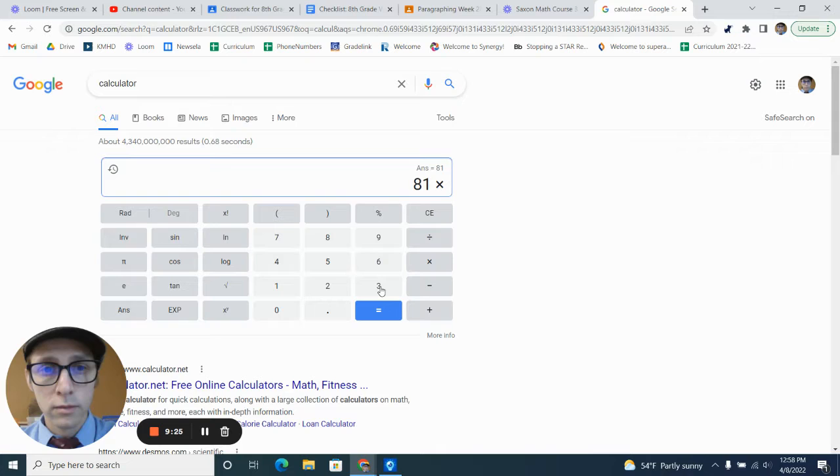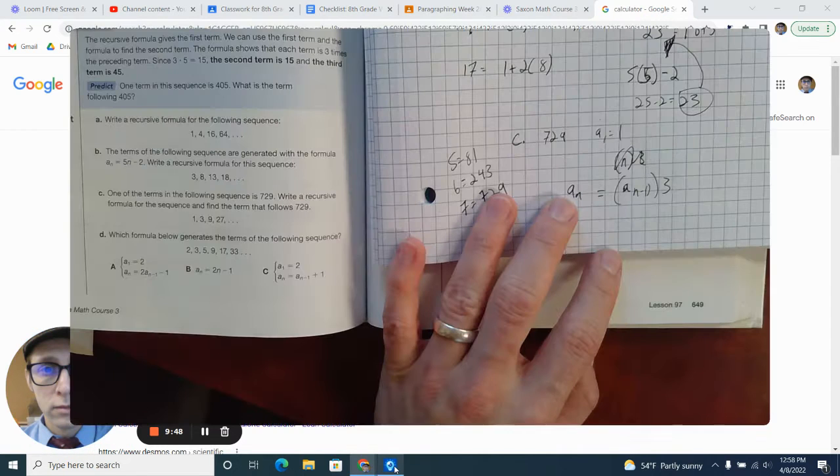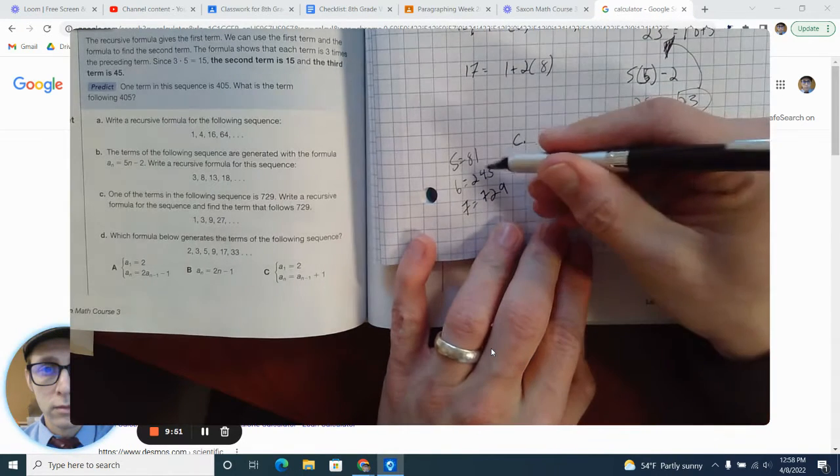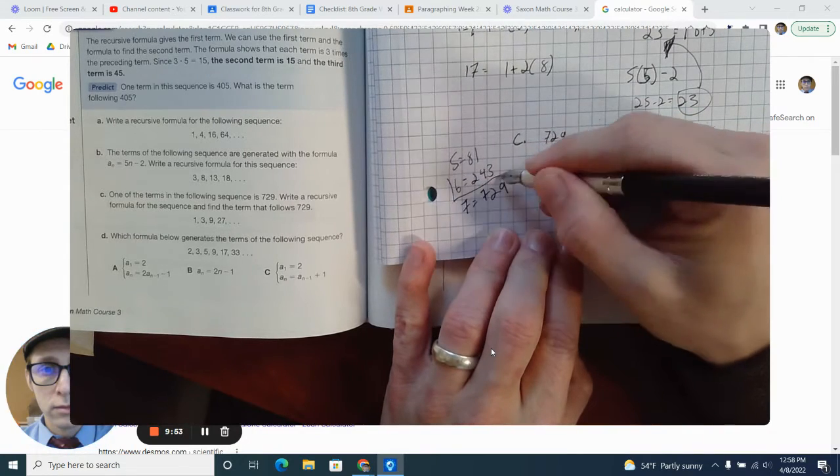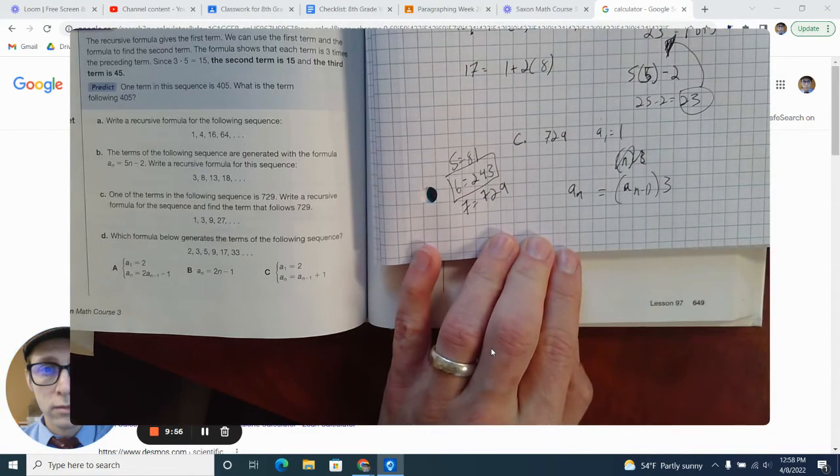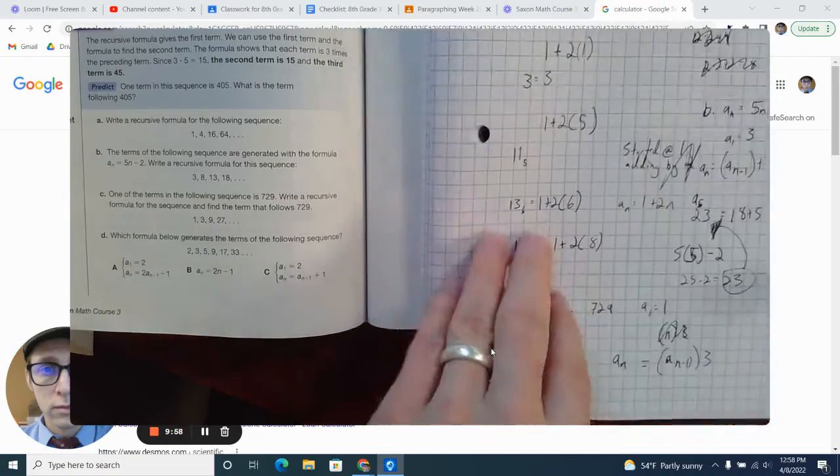So 81 is my fifth term. Times 3, 243 is my sixth term. And then my seventh term is 729. So the term that follows, the sixth term, is 243, which is what it wants. I hate this so much.